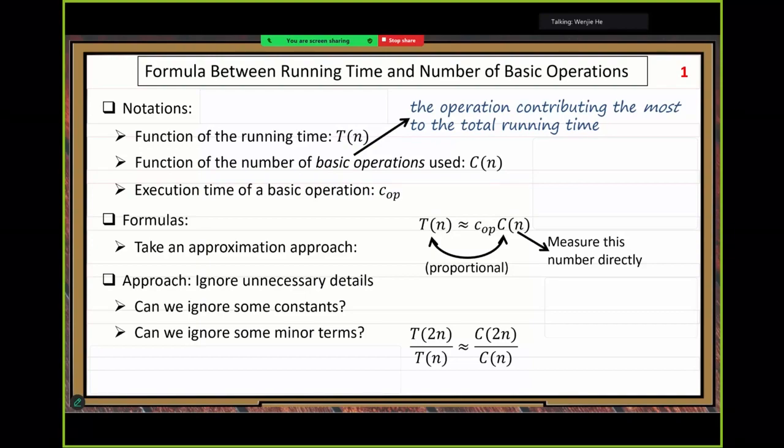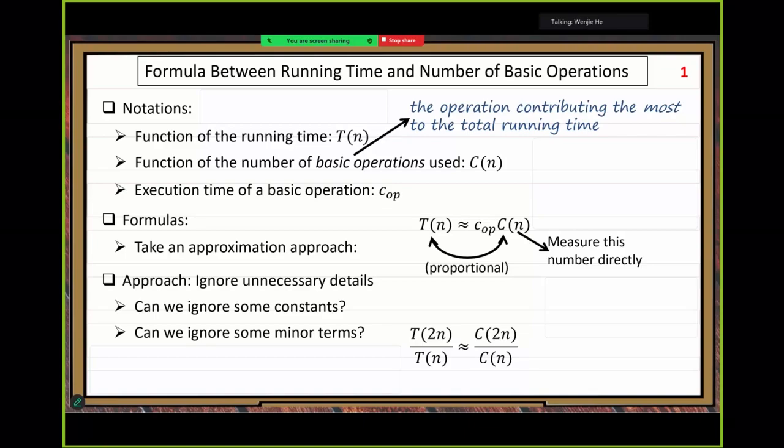All right. Here you can see, based on this approximation formula, when you compute these two ratios, the little c constant cancels out, right? So they have the same increasing rate. So this formula tells us that although these two functions have different meanings, they have the same increasing rate.